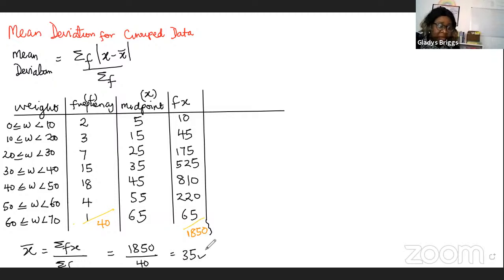Once we have our 35, we need to work out this part of our calculation, the absolute value of X minus X bar.